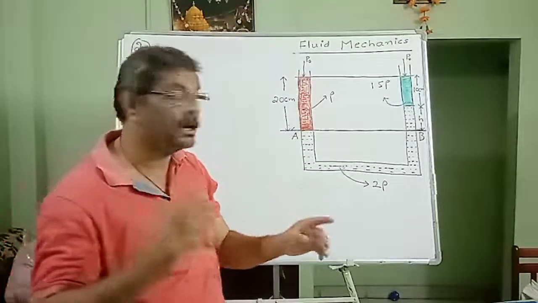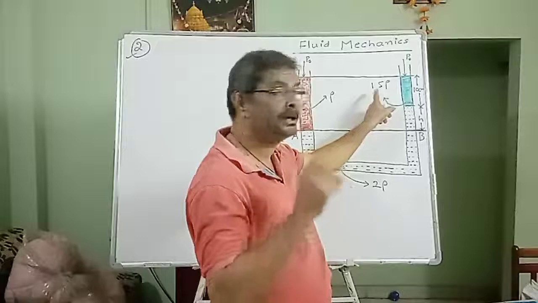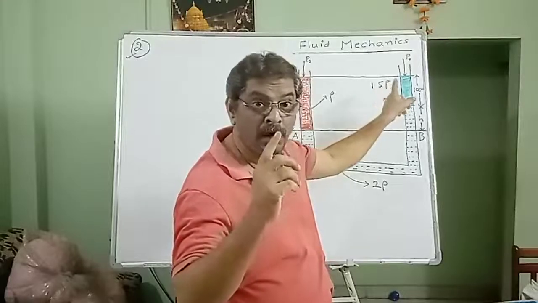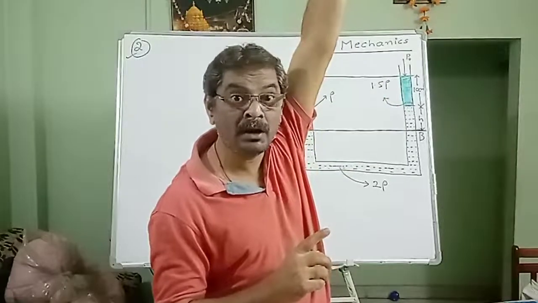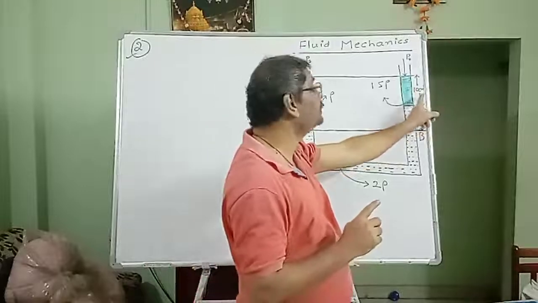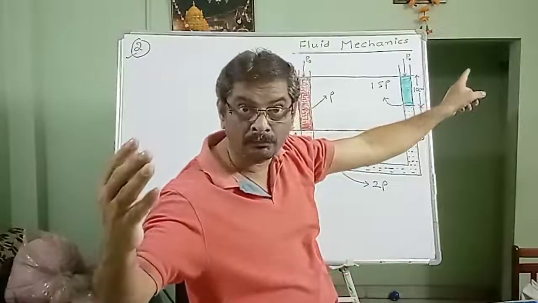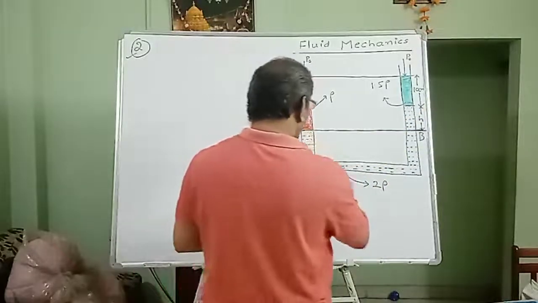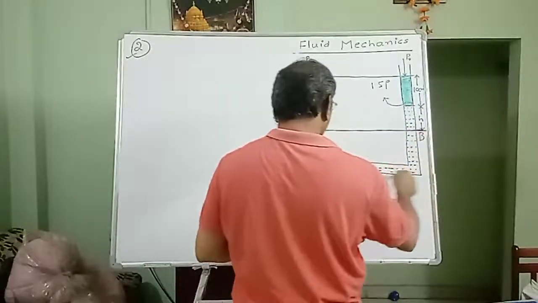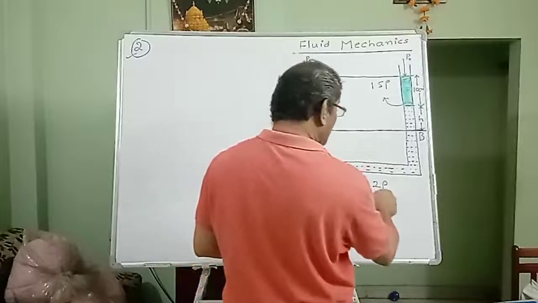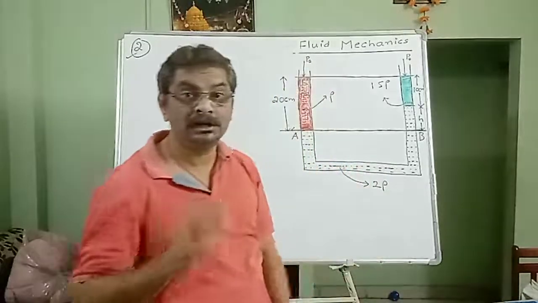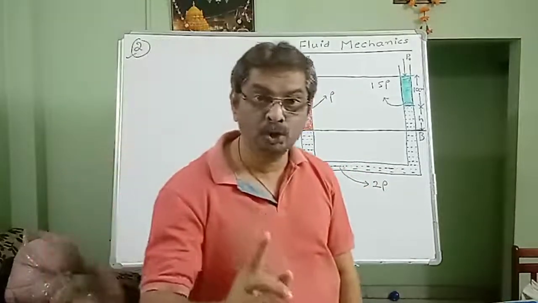Another liquid of density 1.5 rho and having length 10 centimeter is taken in the right arm, and we got a third liquid in between, and the density of the third liquid will be 2 rho.